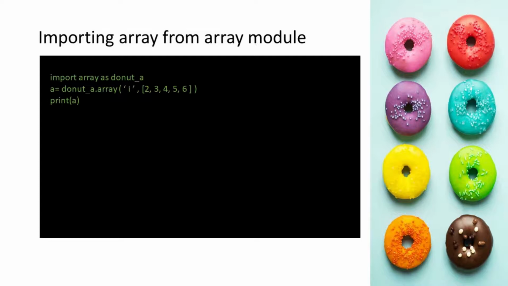So, importing array from the array module. This is how the coding implementation starts for an array. Open any text editor that you have, then type import array as any name. Here we name it donut_a. The next line would be a = donut_a.array('i', [2, 3, 4, 5, 6]).